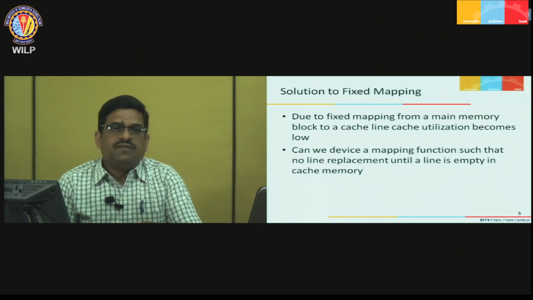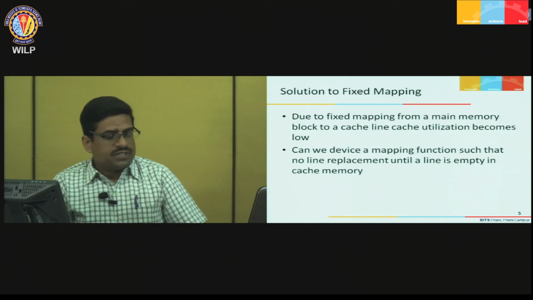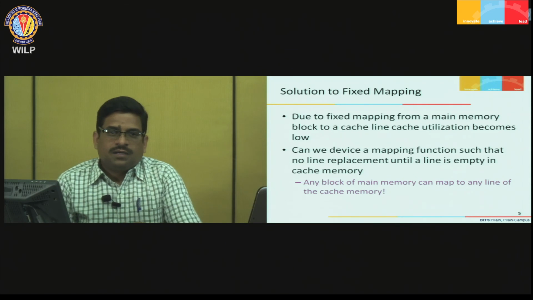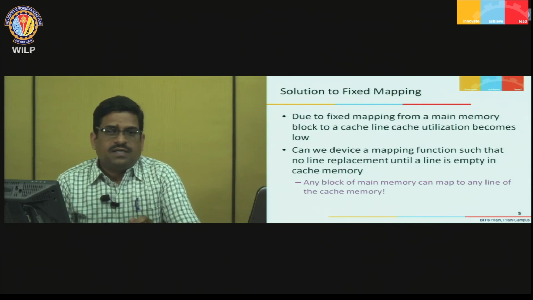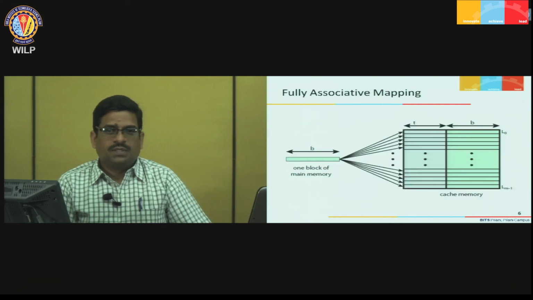So, the solution to the problem is that I devise a mapping function such that there is no line replacement until a line is empty in the cache memory. For that, I want that any block of main memory can map to any line of the cache memory. If this can be achieved, then this problem can be solved.